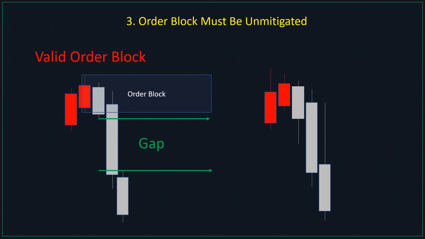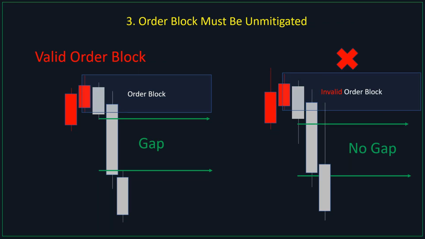Now let us look on the right side here. We notice this right here. We still have our order block right here, and also we don't have a fair value gap. So we have an order block right here. We don't have a fair value gap, which makes this order block invalid. And the third reason is that when you're looking at this wick right here, price has mitigated the order block.